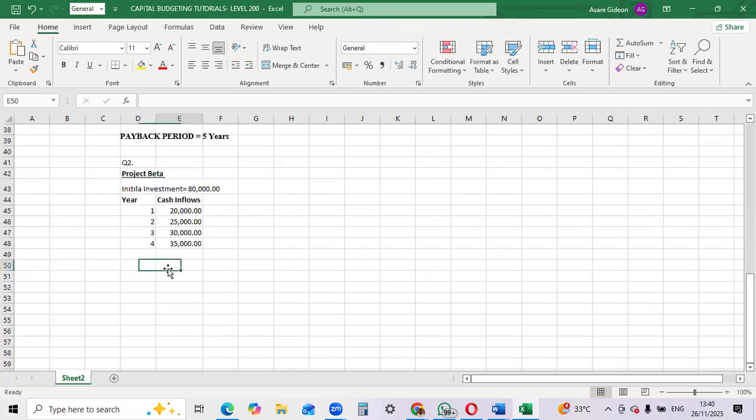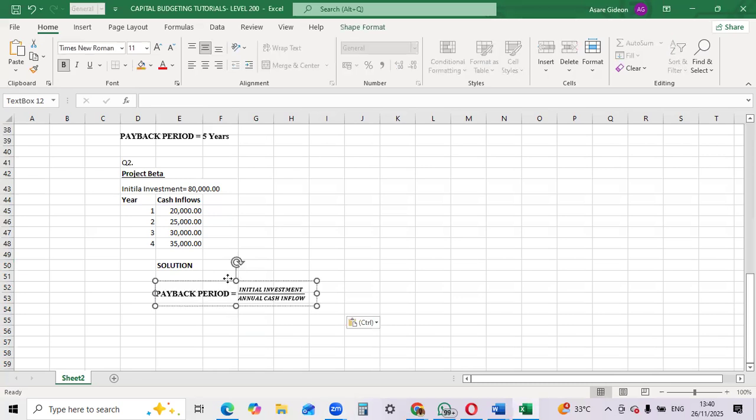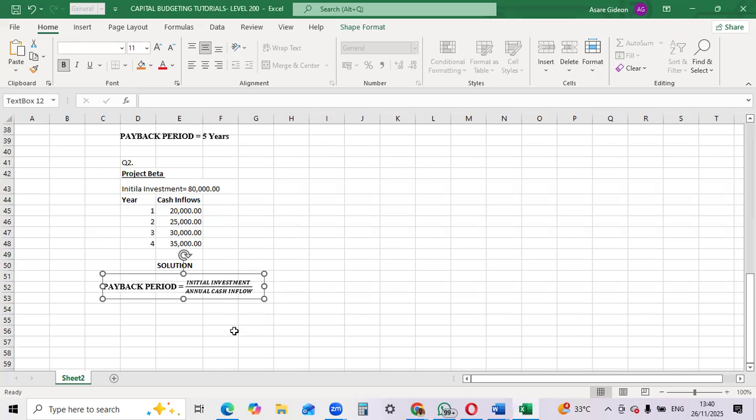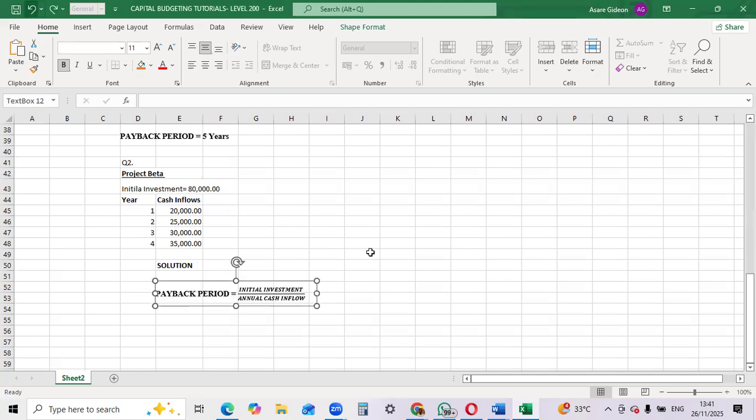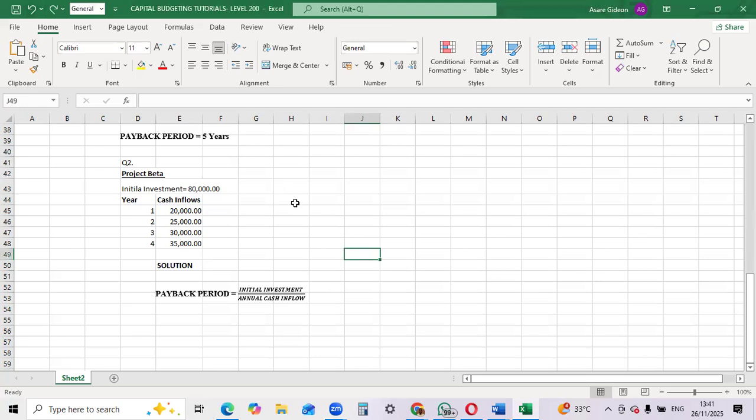So let me write the solution. Now looking at the initial investment, it is 80,000.